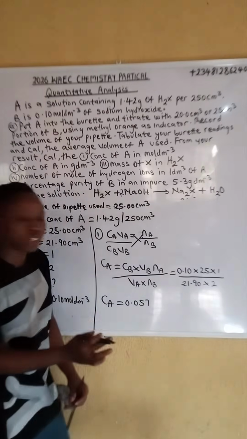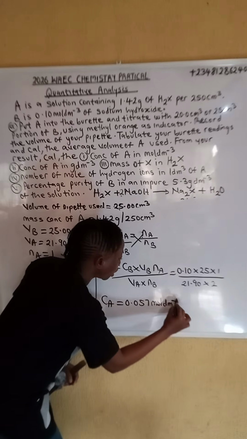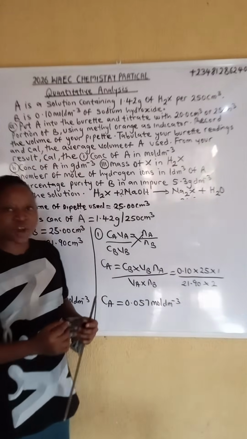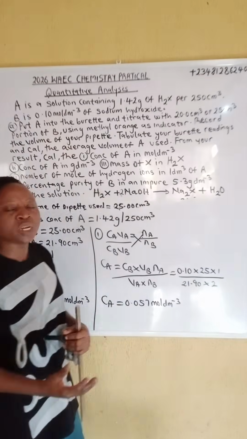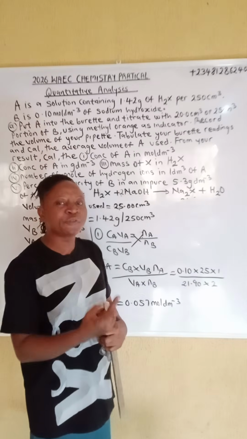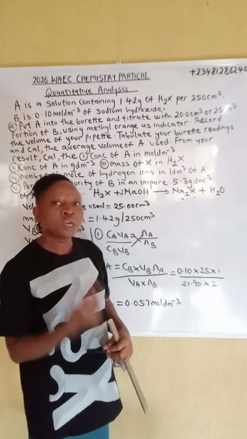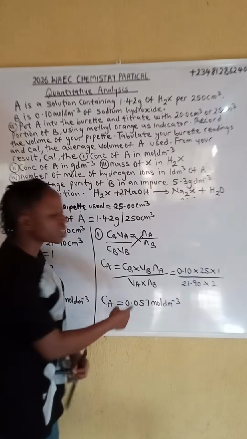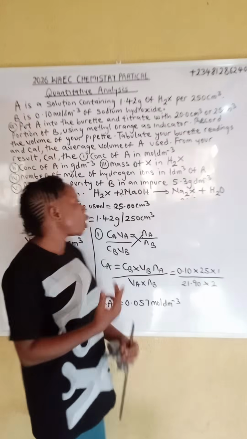Then molar concentration must be in what? In mole per dm cube. This unit is very, very important. Make sure that your molar concentration is always in 2 significant figures or 3 decimal places.